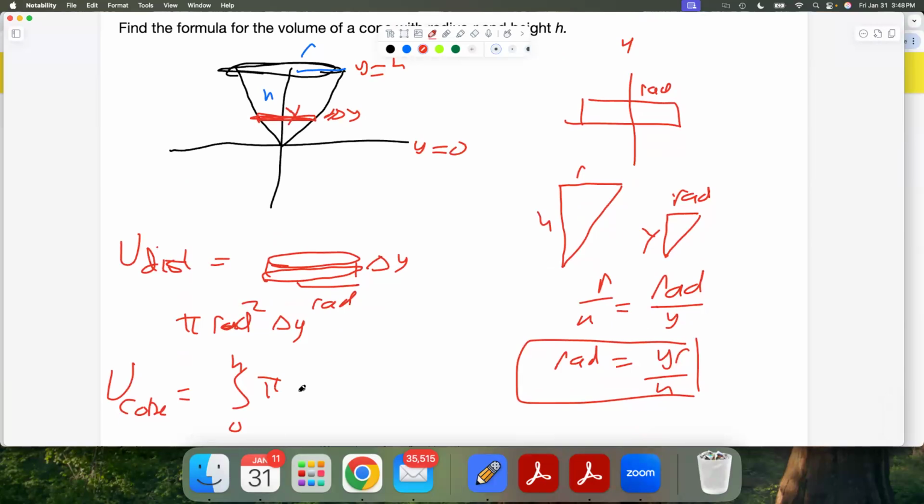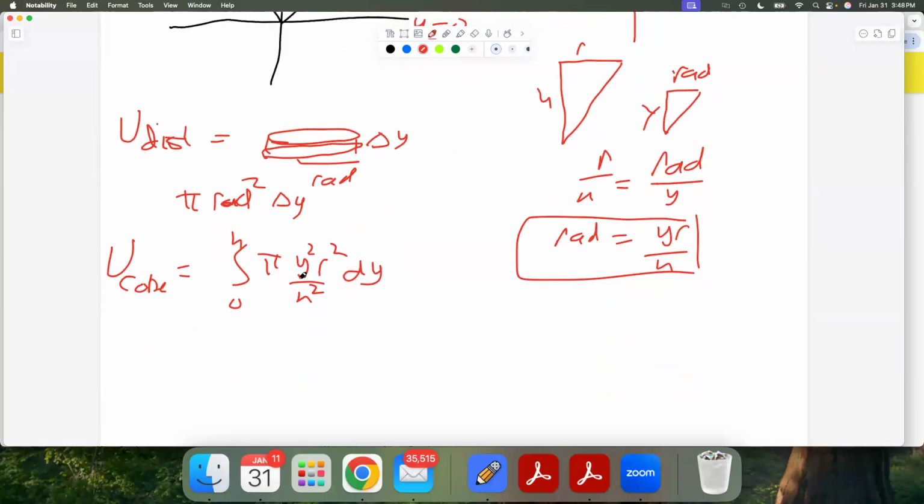Pi radius squared, so I'm going to have a y squared, an r squared over h squared dy. I'm integrating with respect to y. Everybody else is a constant. So I can pull out a pi, an r squared, an h squared, and just have the integral from 0 to h, y squared dy.